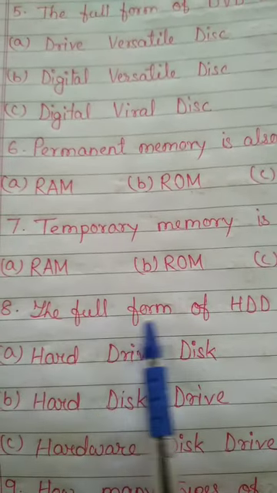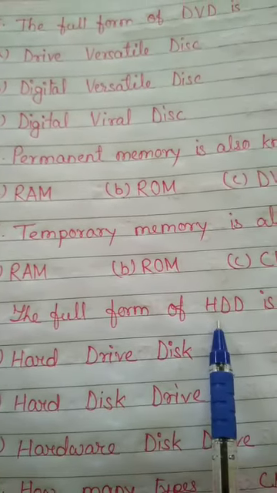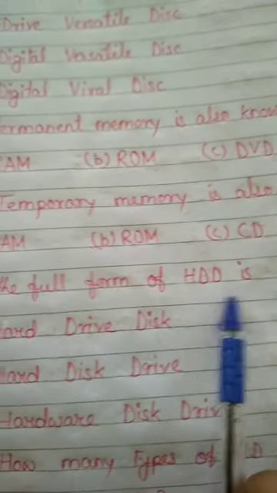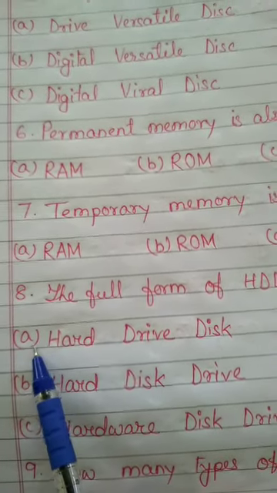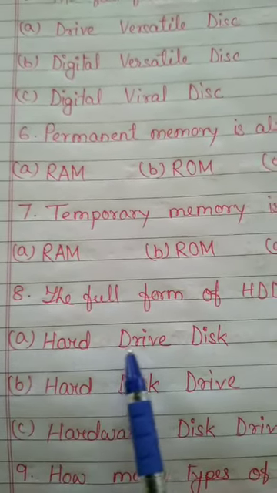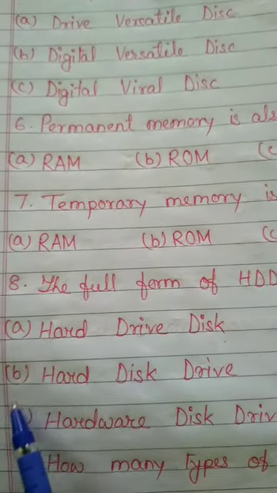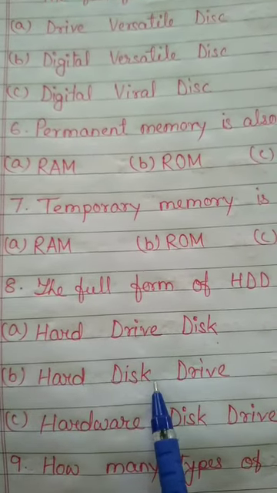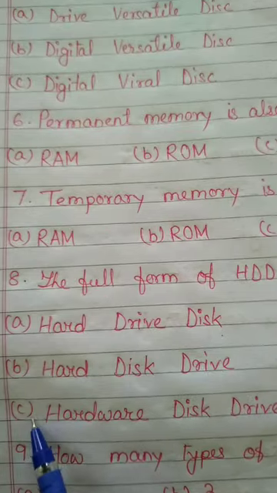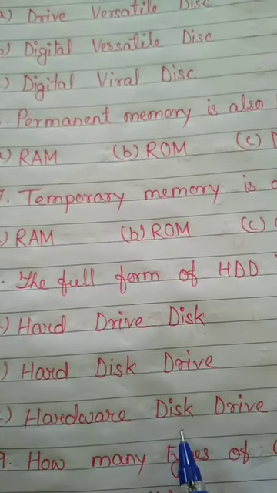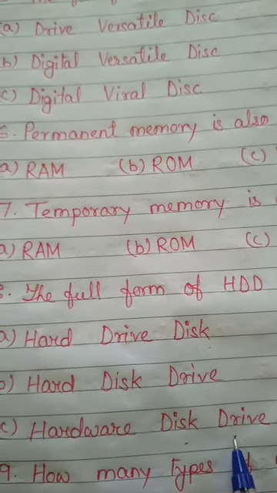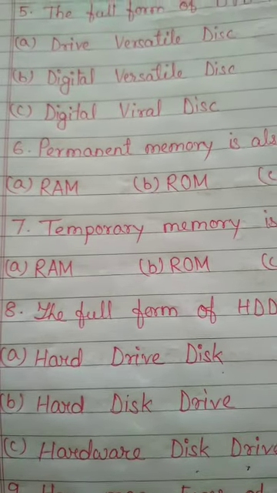The full form of HDD is option A hard drive disk, option B hard disk drive, option C hardware disk drive. Which one is the correct option?